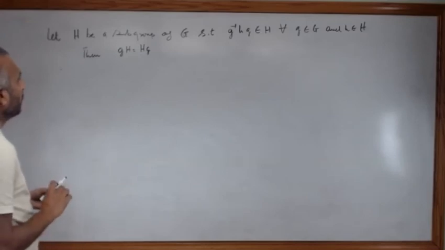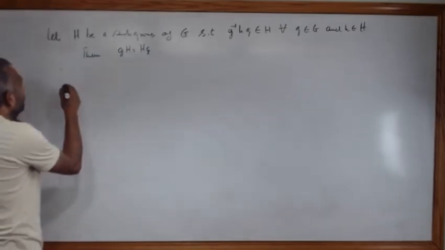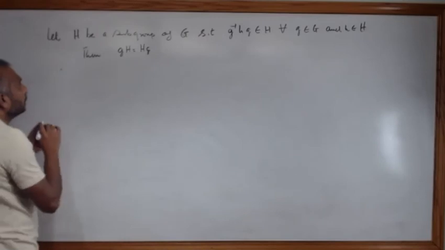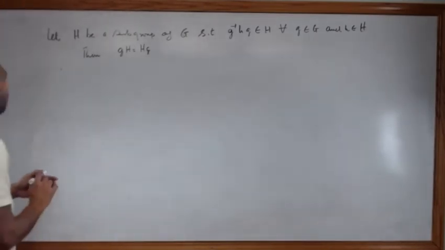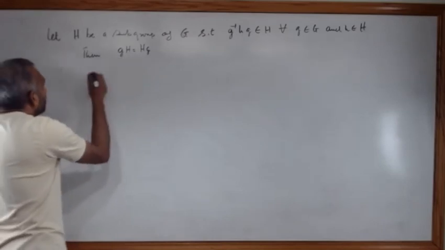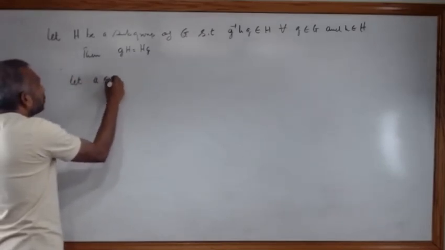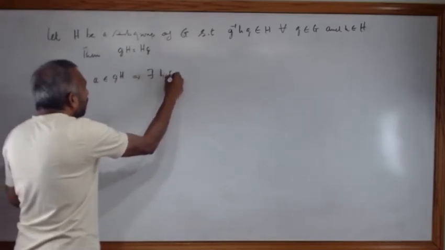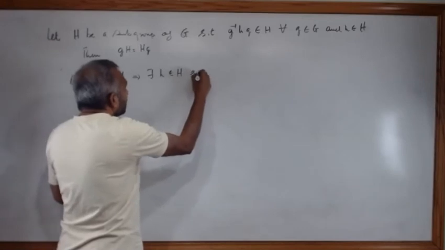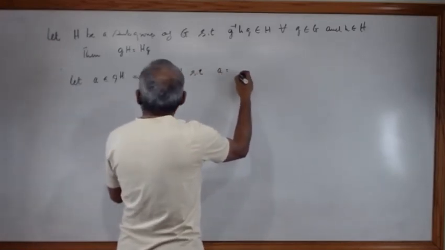So what we do is, we'll take an element from gH. So let a belong to gH, and that implies there exists an h belonging to H such that a is equal to gh.